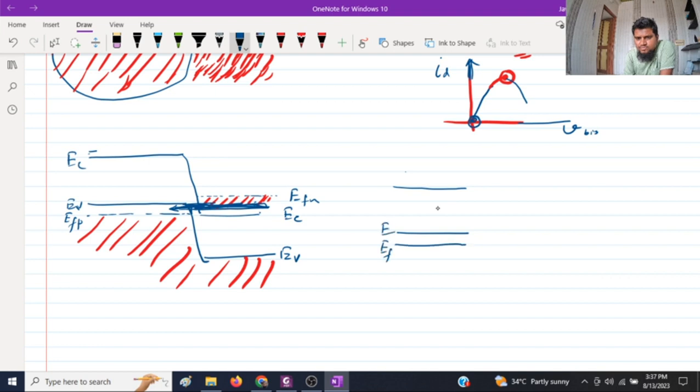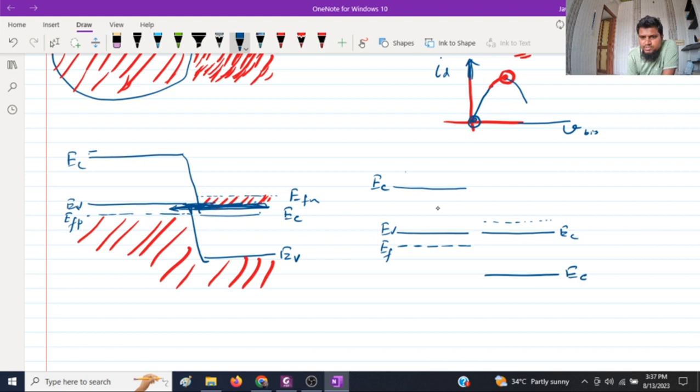EF, EV, EC. When the conduction band on the N side and the valence band on the P side get aligned.